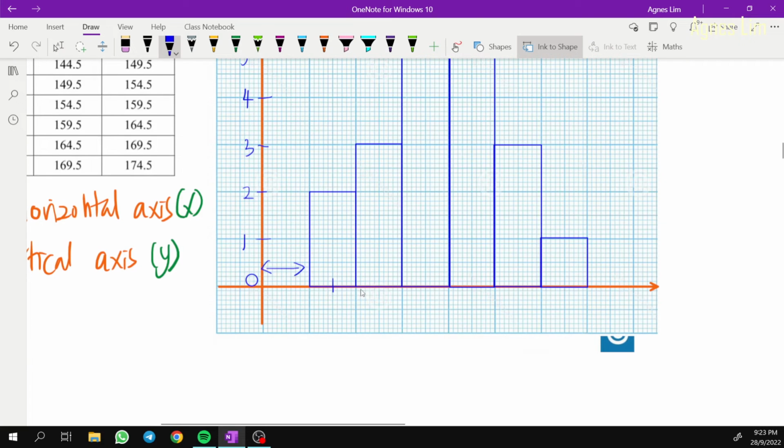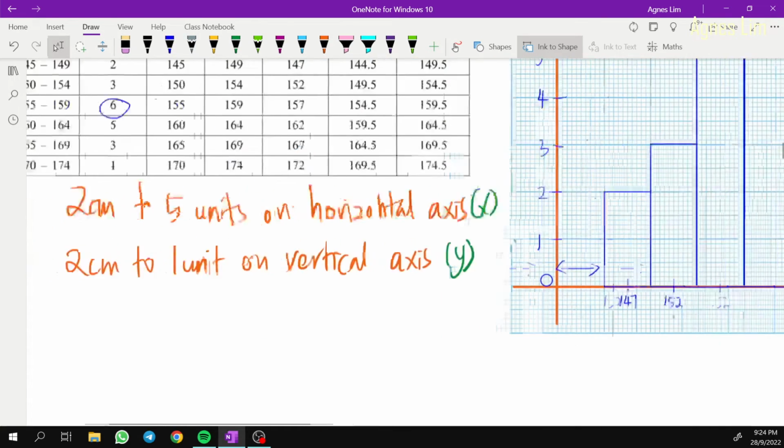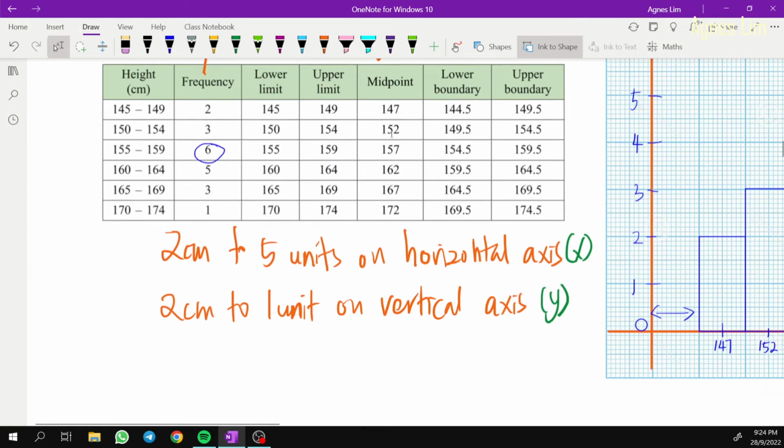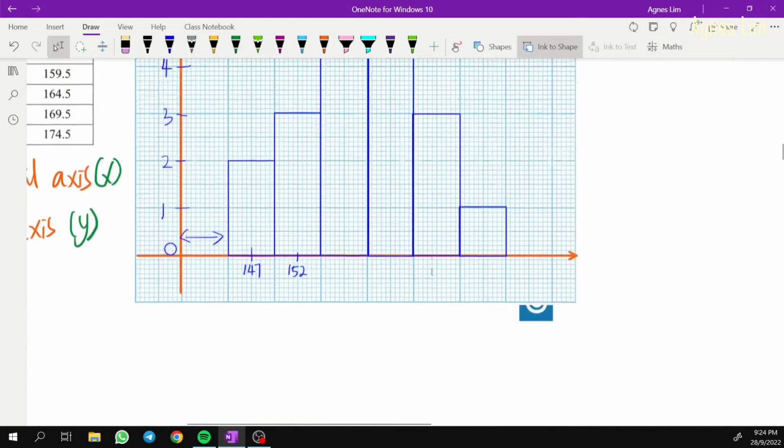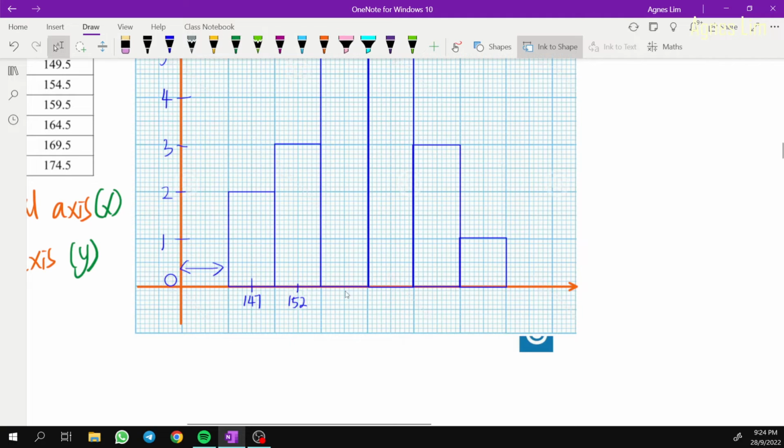In the middle of the bar, so our midpoint, the first one is 147. Then 152, 157, 162, 167, 172. Okay, so that is a midpoint.